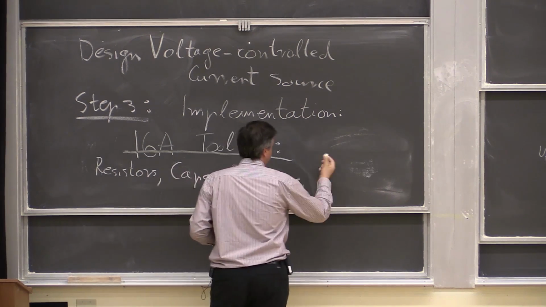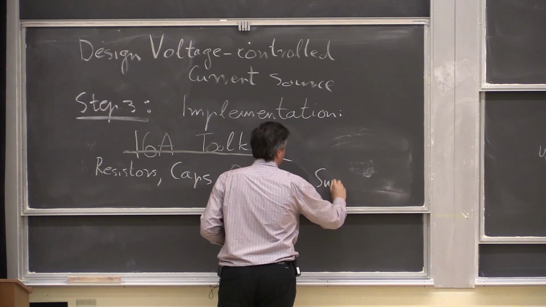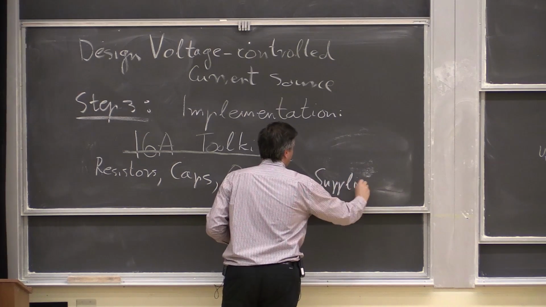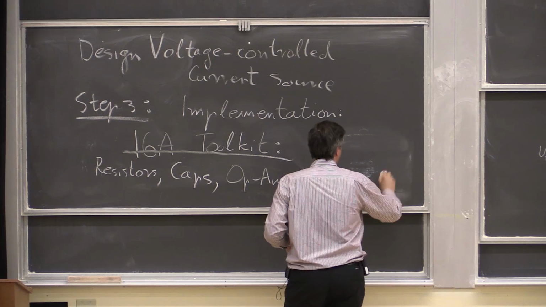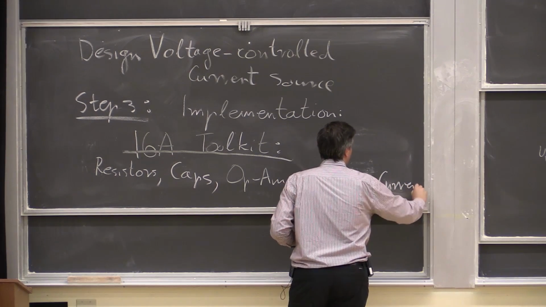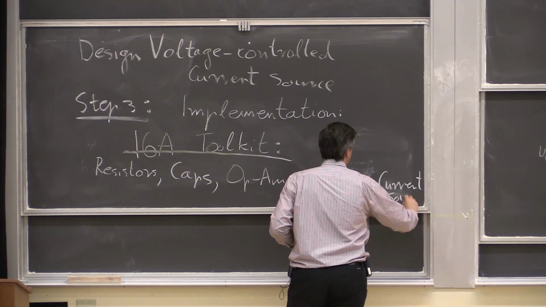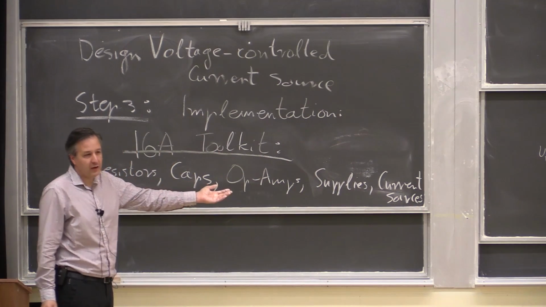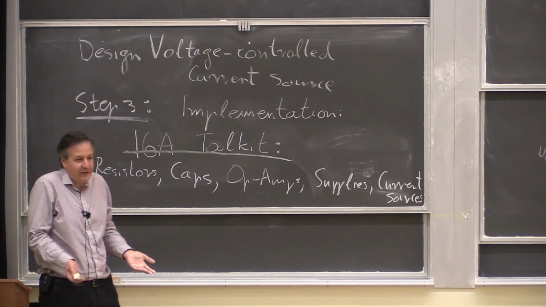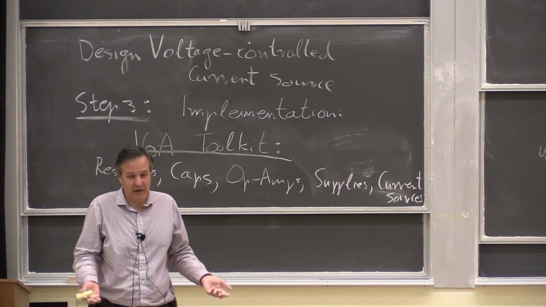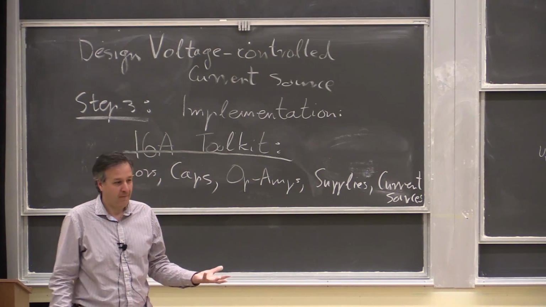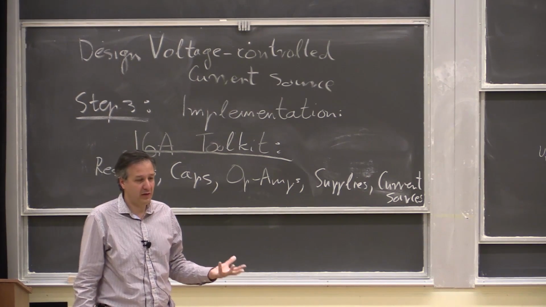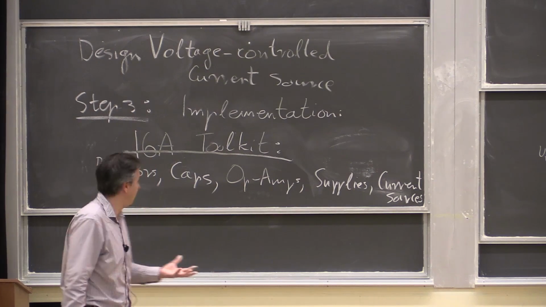And then we have sources like supplies and current sources. Right? If you take a look at this list, it's actually not that big. It's not that long, right? It's like 5 components. That's pretty much all you need to build these circuits, right? So just keep that in mind.